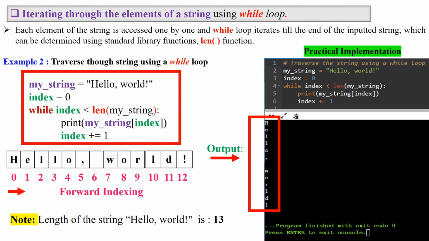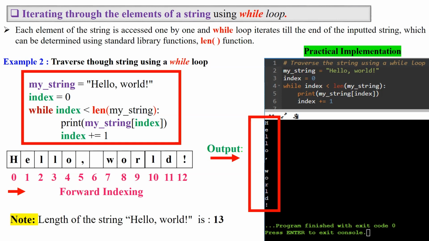In this code, the variable my_string is assigned the value hello, world, representing a string containing the text hello, world. The variable index is initialized to 0. This variable will be used as an index to access each character of the string.